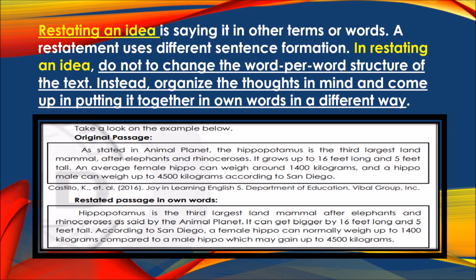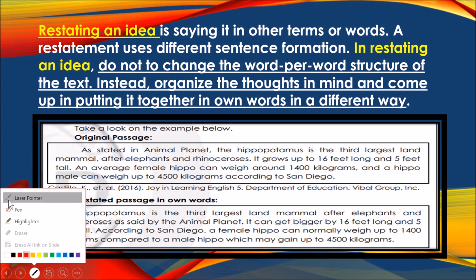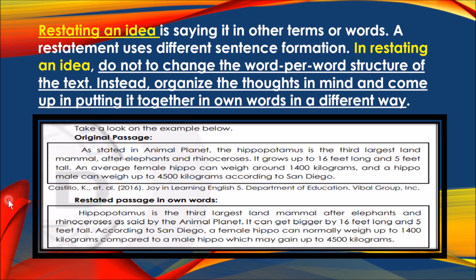Let's take a look at the example about original passage and the restated passage. Okay? So here, let us read first the original passage. As stated in Animal Planet, the hippopotamus is the third largest land mammal after elephants and rhinoceroses, it grows up to 16 feet long and 5 feet tall.